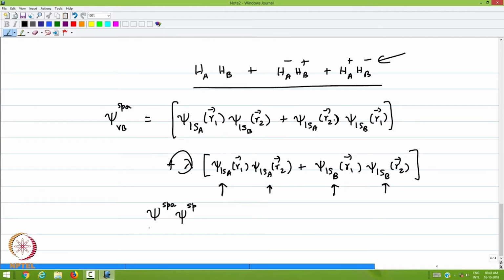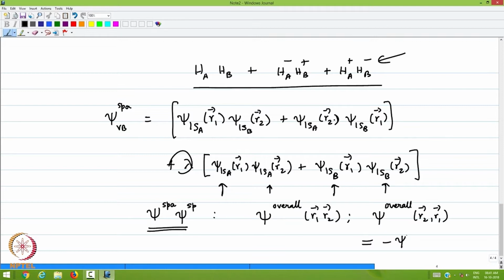Now, the product of these two should be such that if we write psi overall R1 R2, and relate this to the wave function psi overall R2 R1 obtained by interchanging the two electrons, the relation now is minus psi overall R1 R2.